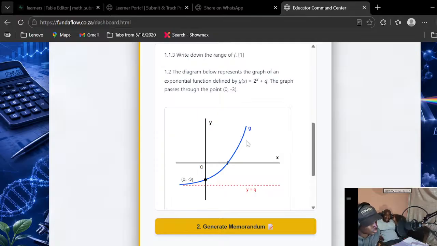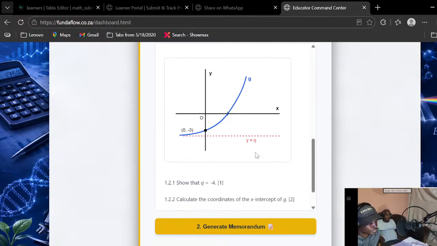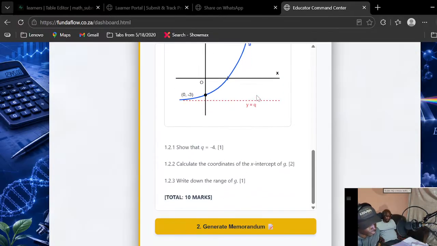X is 0 and Y is 0, those are asymptotes, demand respect. Exponential rising, starting at the base. Check the q value, it shifts the whole space. What's the domain? What's the range? Let's clear the site. Domain is the X, walking left to the right. Range is the Y, scanning across the floor. Domain is the input, range is the output, looking up for more. Keep the difference clear.